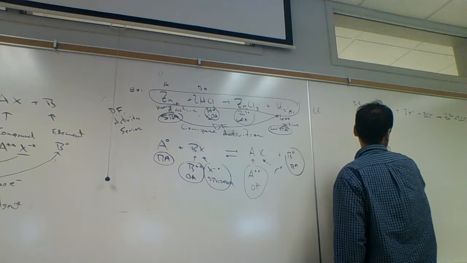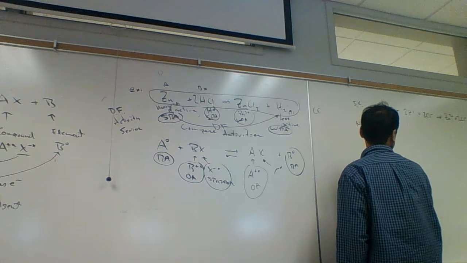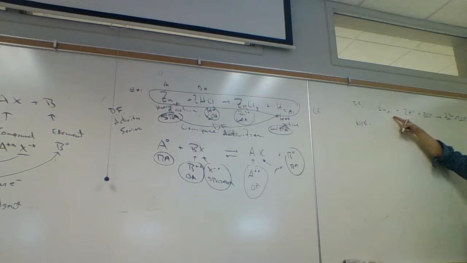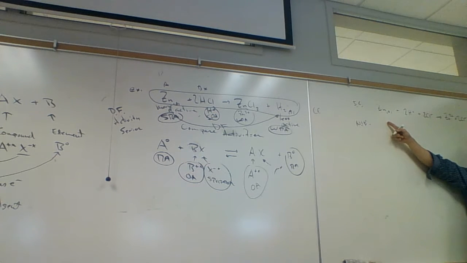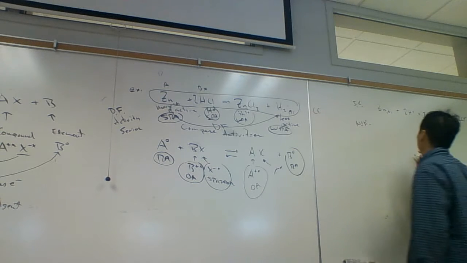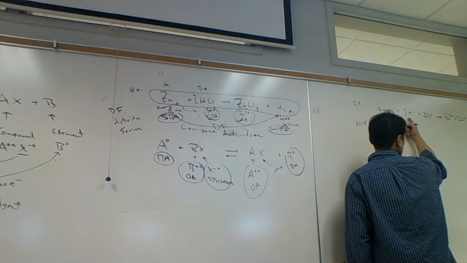What's the spectator in this case? Looks like the spectator is zinc. Did zinc change here? Did zinc change? Yeah, on the left it's zinc metal. On the right it's zinc ion. Two totally different things. Zinc metal is a solid, zinc ion is aqueous. Did H plus change?